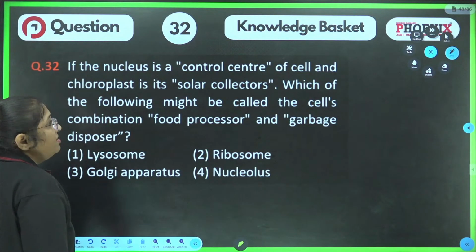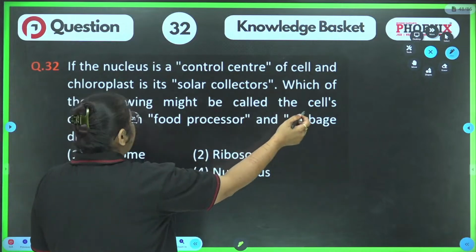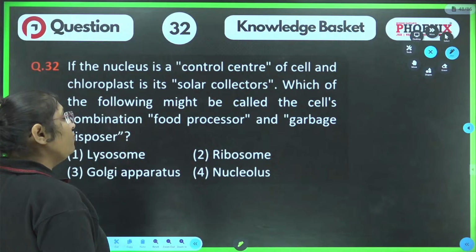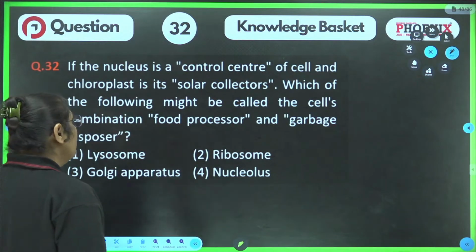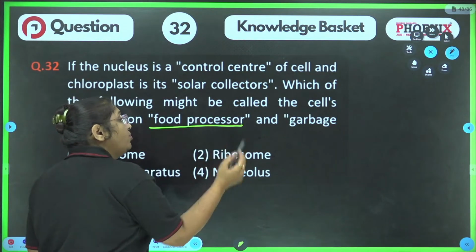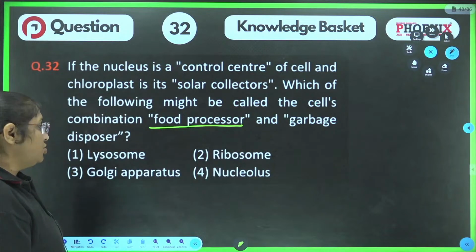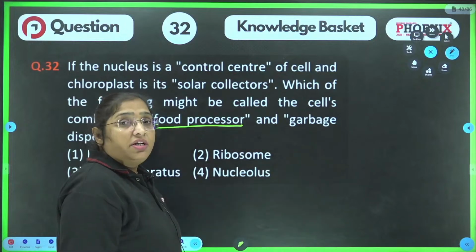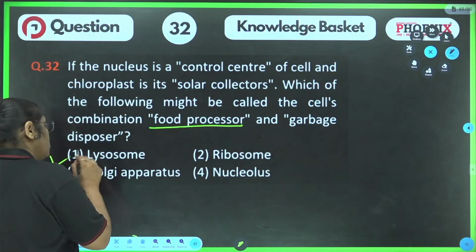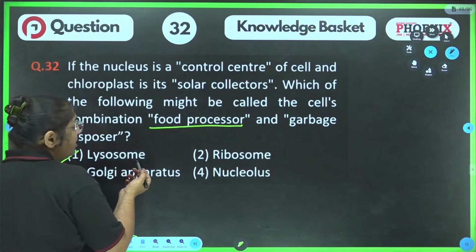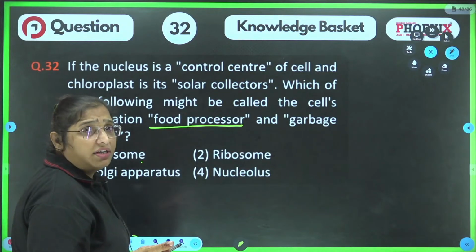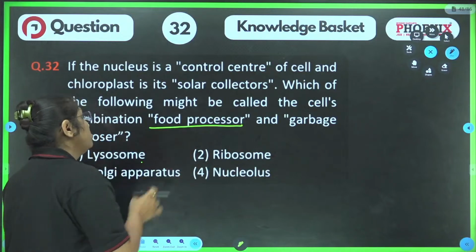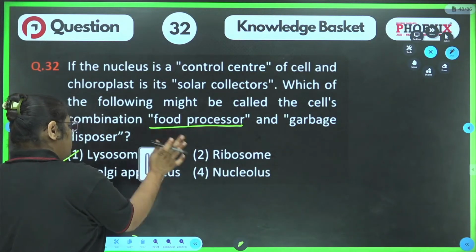If the nucleus is the control center of the cell and chloroplast is its solar collector, which of the following might be called the cell's food processor and garbage disposer? So students, we had already learned that the garbage disposer is lysosome, because it engulfs certain waste material and digests it. So it is also known as garbage disposer and food processor.